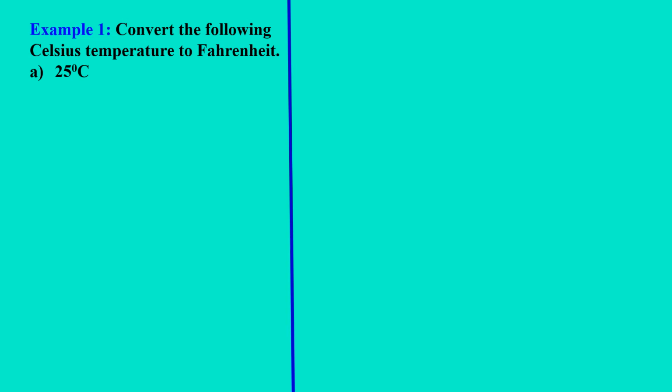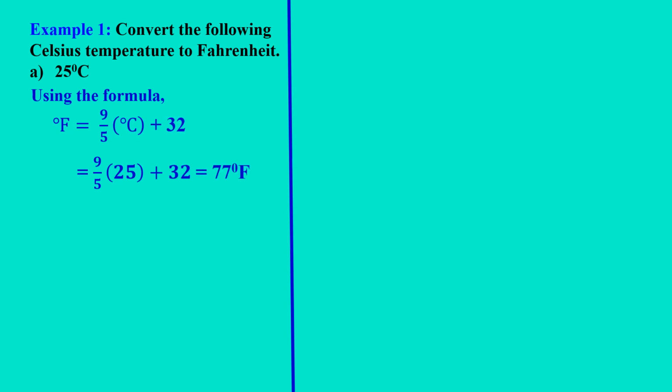Let us do some examples now. Example number 1. Convert the following Celsius temperatures to Fahrenheit. Letter A, 25 degrees Celsius. Using the formula, degrees Fahrenheit equals 9/5 times degrees Celsius plus 32. Substituting the values, 9/5 times 25 plus 32 equals 77 degrees Fahrenheit.